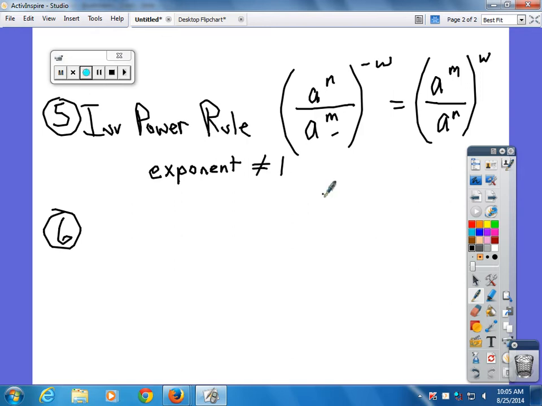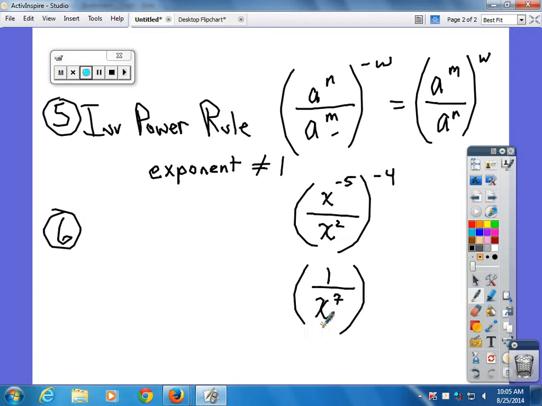If you have x to the negative 5th over x squared raised to the negative 4, you could bring this down here and get 1 over x to the 7th, but it would still be raised to the negative 4. So you can either flip these or you can flip these.